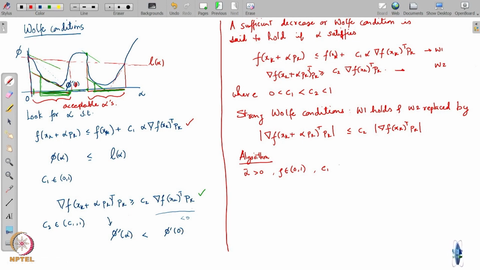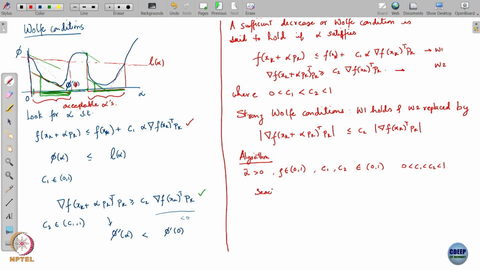You choose your C1 and C2, and then what one does is search over alpha.